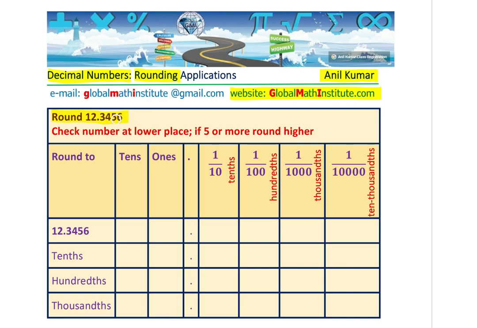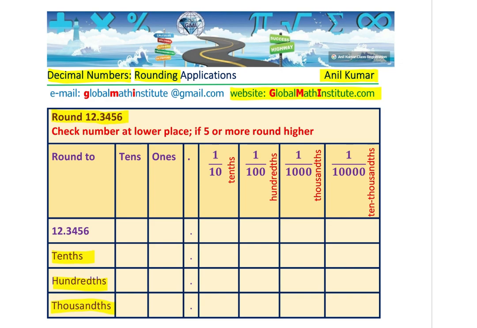I did not say three thousand four hundred fifty-six. The numbers after the decimal are normally spelled out as I'm saying, 3456. Now, the exercise here is to round this number 12.3456 to the nearest tenths, hundredths and thousandths. Let's see how we do it.